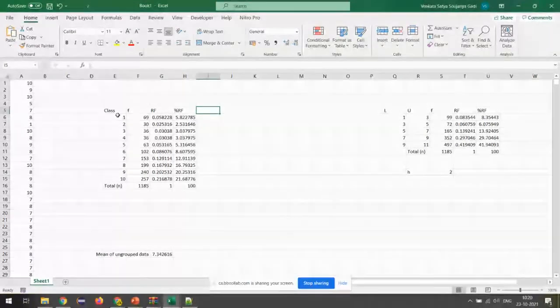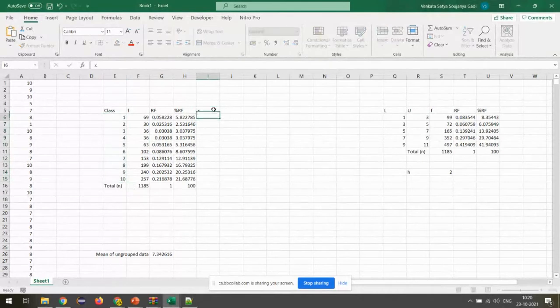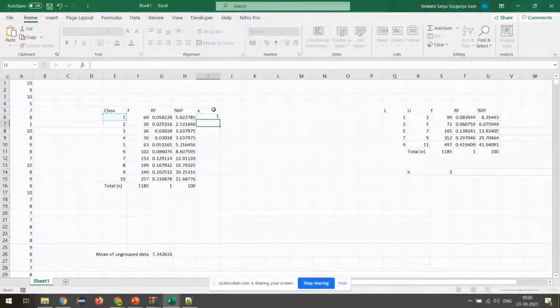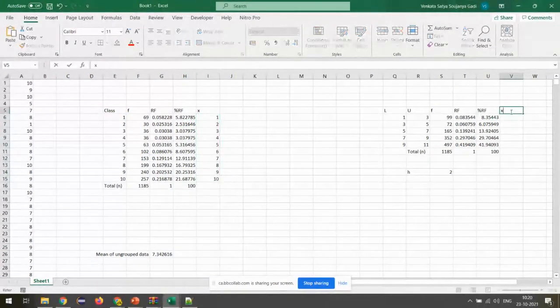Here, we don't have upper limit or lower limit, so x is the same as the class boundary. But in this case, we have x equal to the middle of the upper and lower boundary.